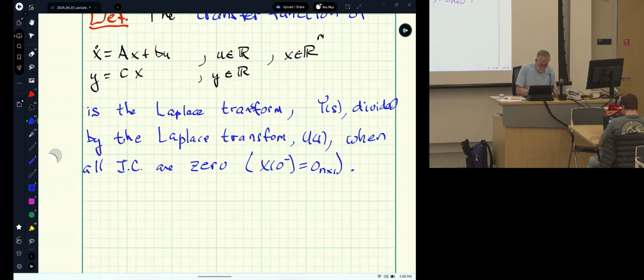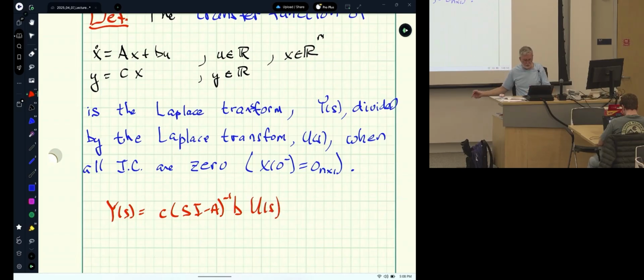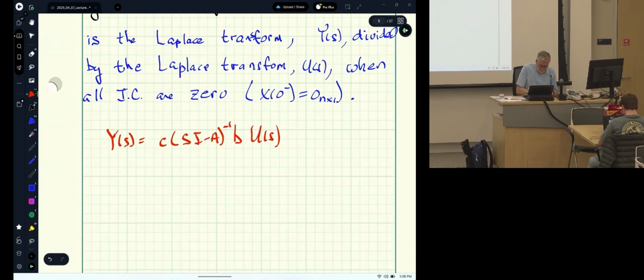And we know what the total solution was. We had Y of s is C times sI minus A inverse B times U of s, and then plus other stuff.